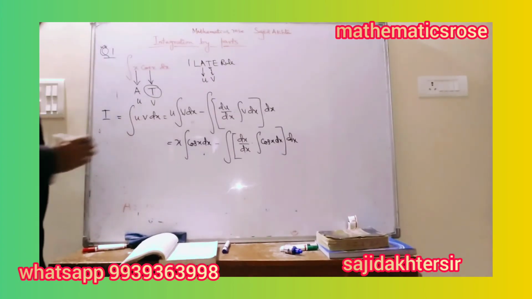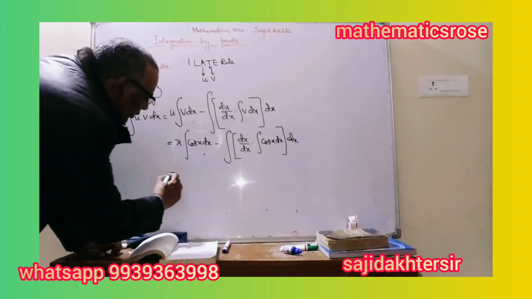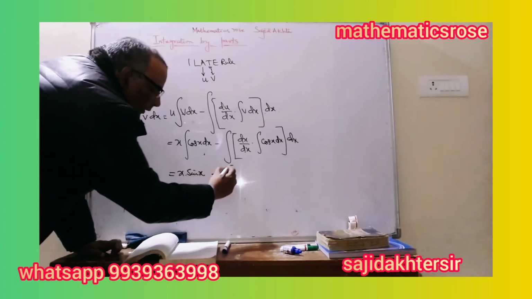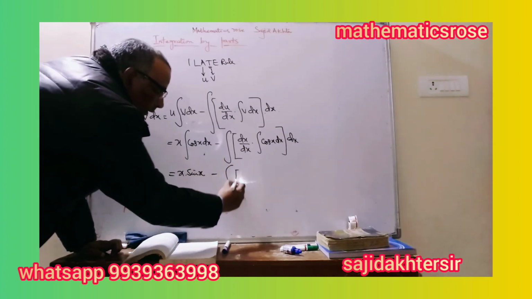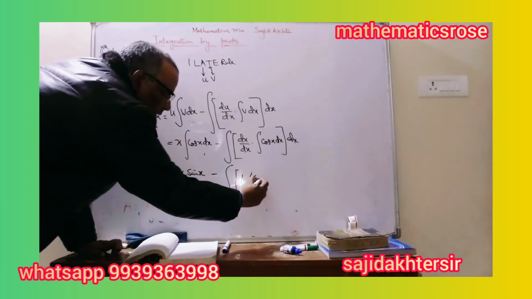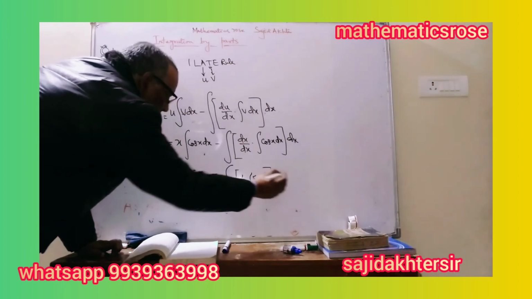It's quite simple. You know the integration of cos x is sin x. So x into sin x, and the differentiation of x with respect to x is 1, and sin x dx.